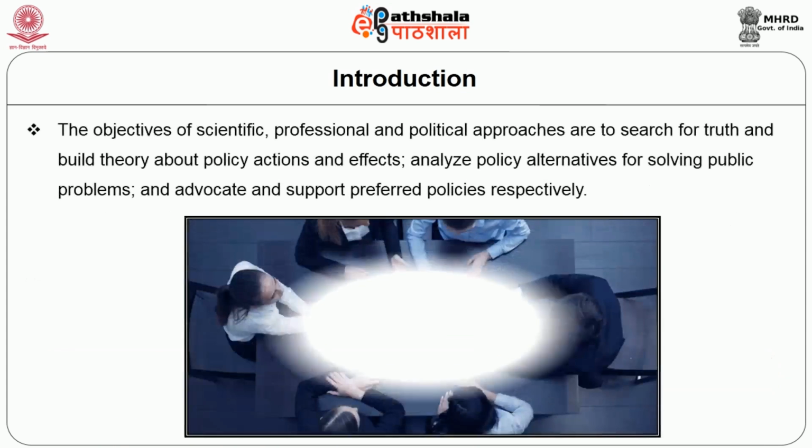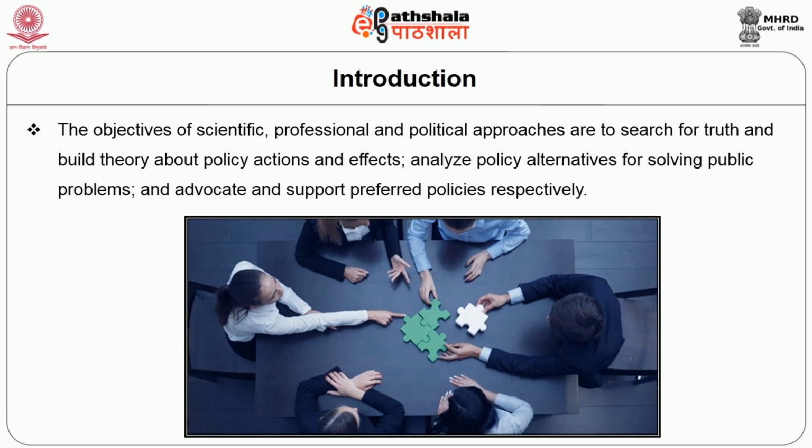The objectives of the scientific, professional, and political approaches are to search for truth and build theory about policy actions and effects, analyze policy alternatives for solving problems that are faced by people, and advocate and support preferred policies.